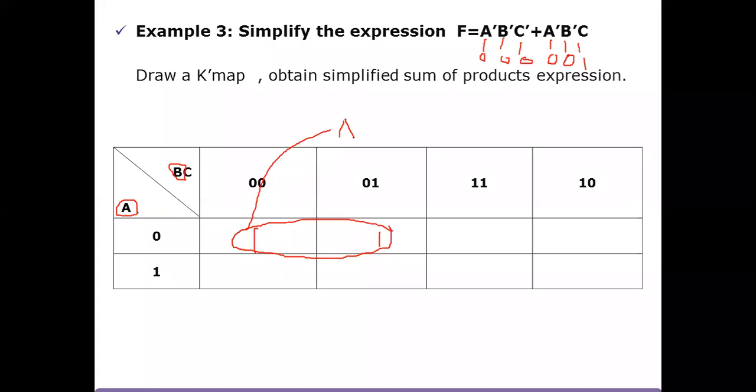It is A dash. Then if you look at the other two variables, what are the not changing variables? B is not changing, C is changing, 0 and 1. Since B is not changing and has the value 0, we write B dash.